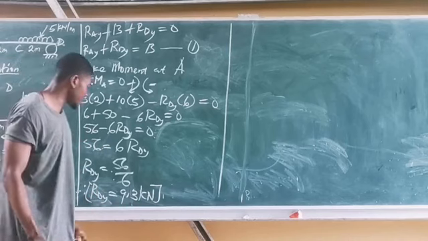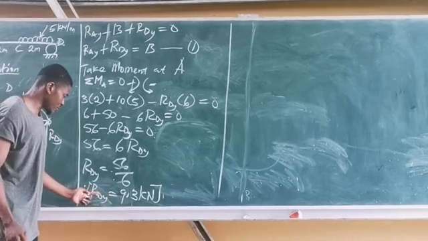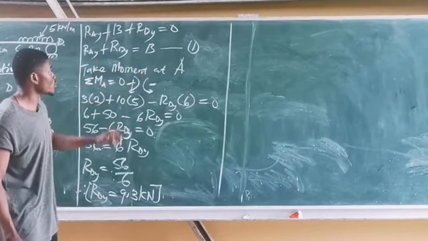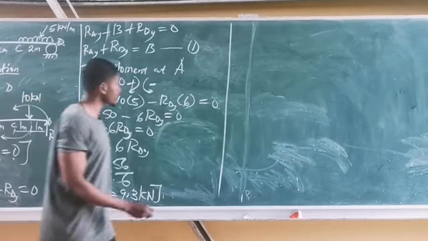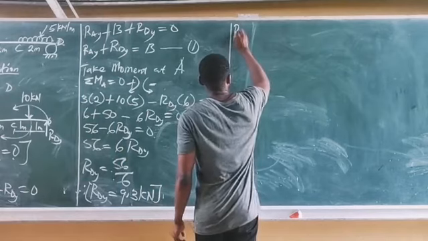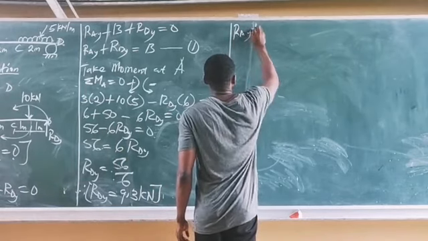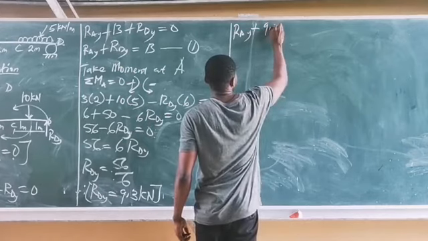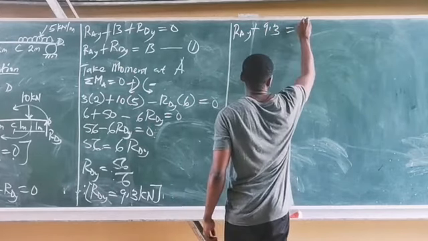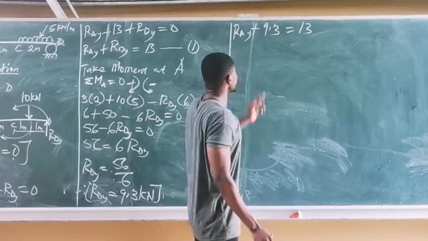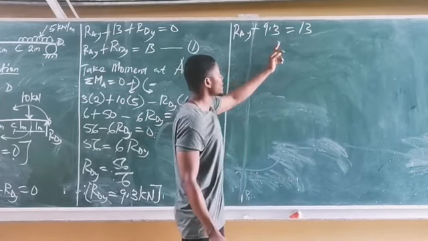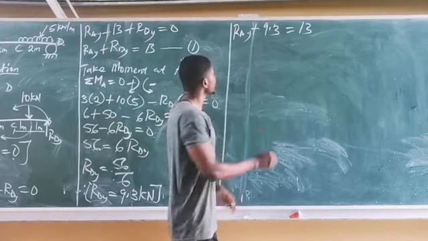Okay, so obtaining that for RDY, we substitute the value for RDY into equation 1 to obtain RAY. Therefore, RAY plus, in place of RDY we have 9.3, equal to 13. Alright, so we send 9.3 over to this side of the equation. Positive sign across the equal to sign becomes negative.